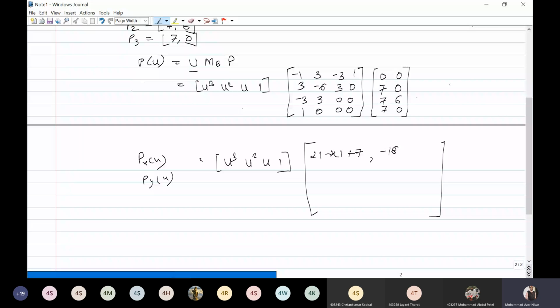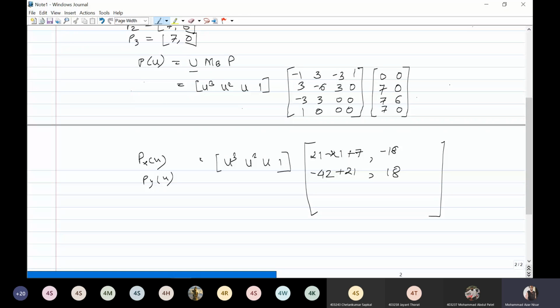Then -6 into 7, which is -42. Then 3 into 7, plus 21, then 0. Next, second row, second column, you will get 18.